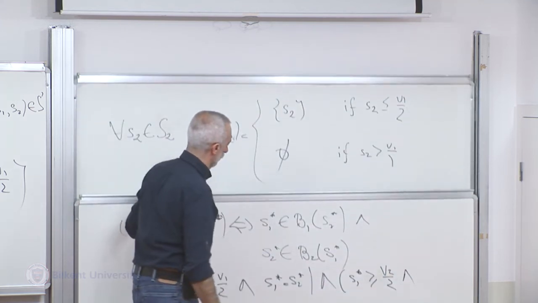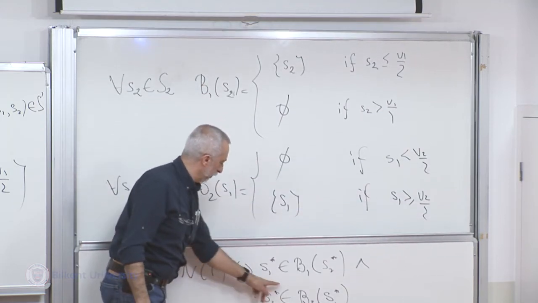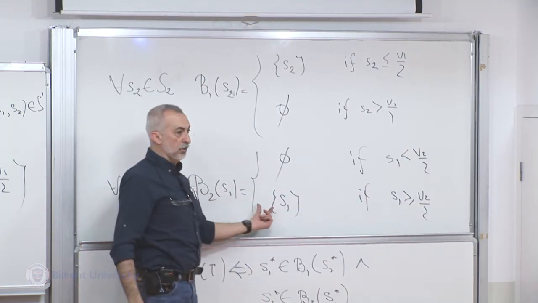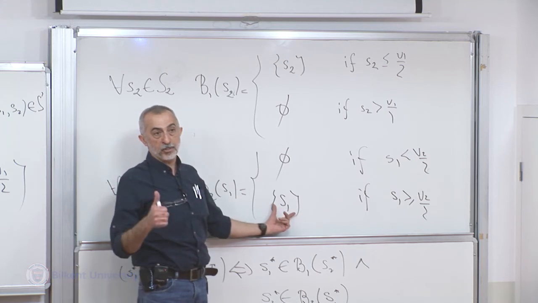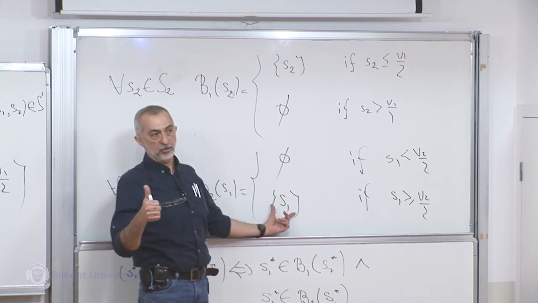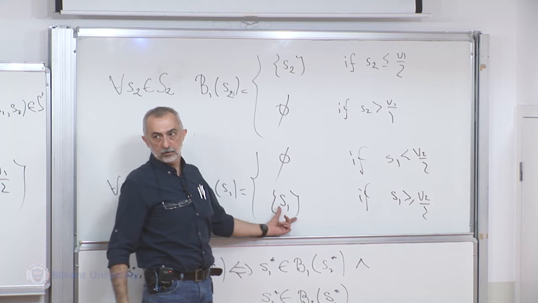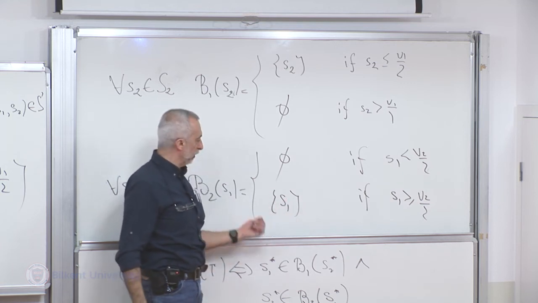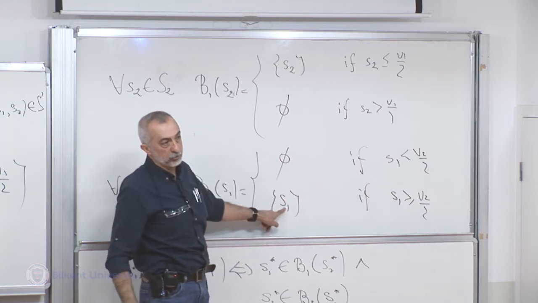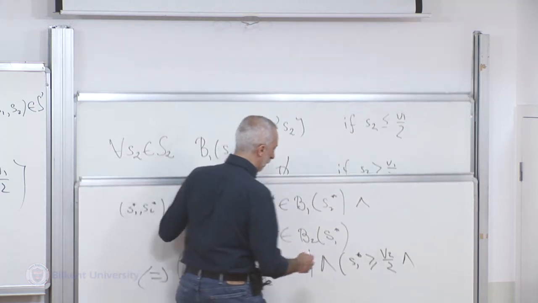And again, if S2 star is an element of a set with a single element, S2 star has to be equal to that element, which is S1 star.